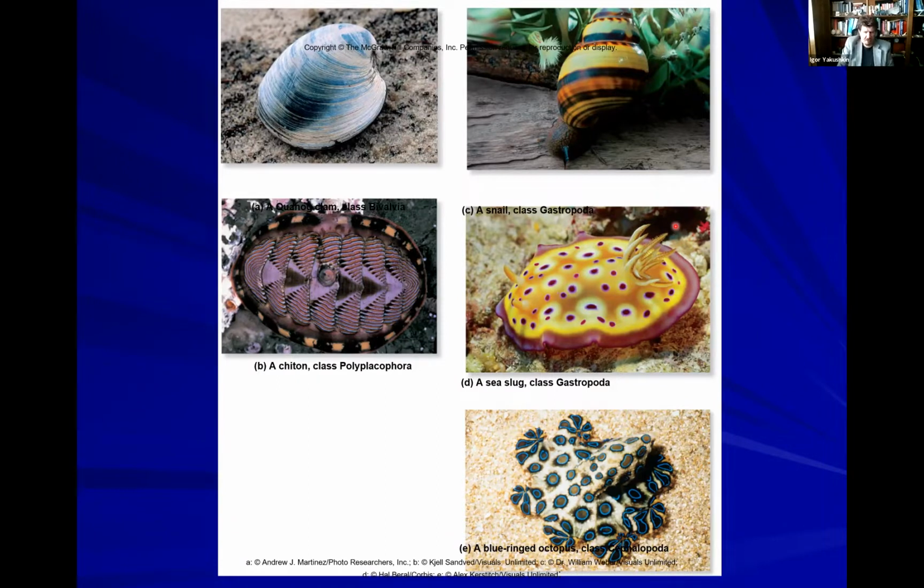Here we're looking at a relatively small octopus, about the size of a fist, a little bigger than that, but it has nice, bright blue rings, which basically show off that, don't touch me, you're gonna die. That's that particular creature.